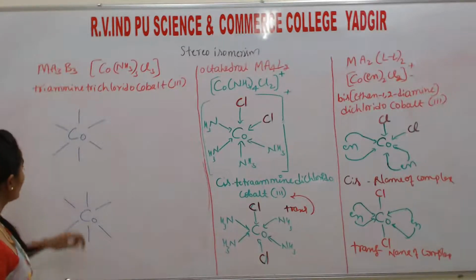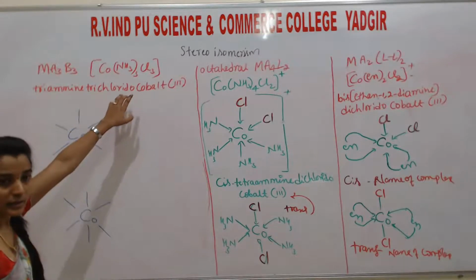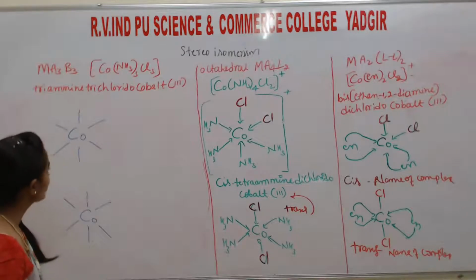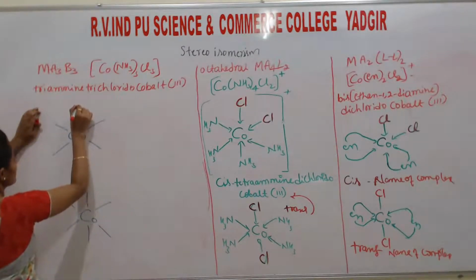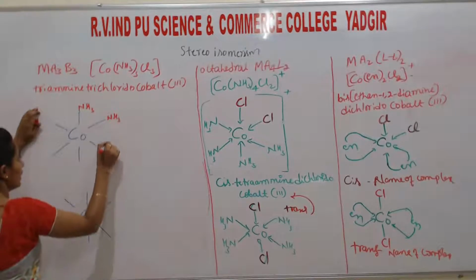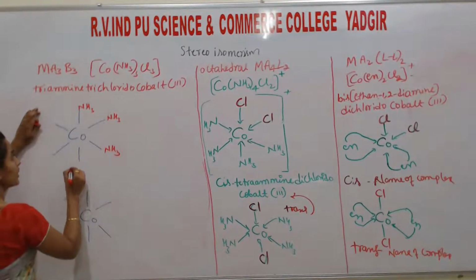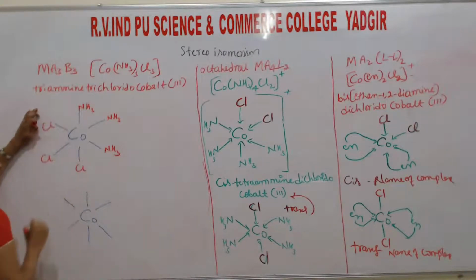How many ligands are here? NH3 3 times and Cl 3 times. Correct? So here, students, if you want to check Co NH3 3 times, you just write NH3, NH3, NH3 here, and Cl, Cl, Cl here.